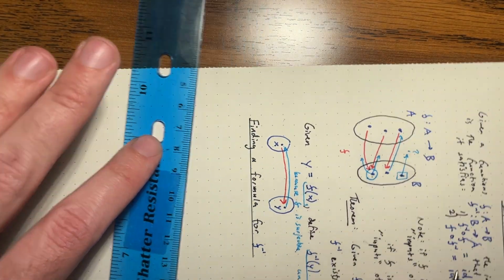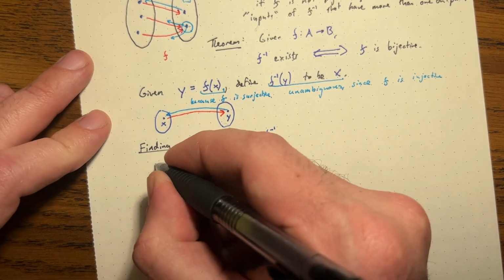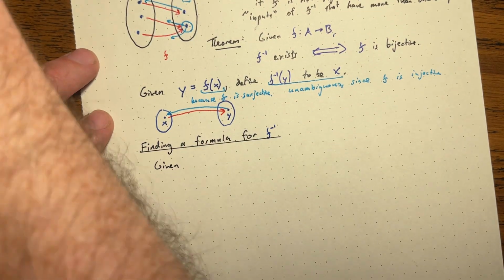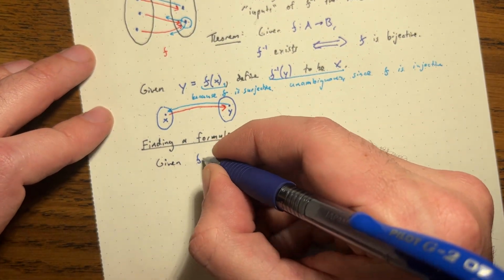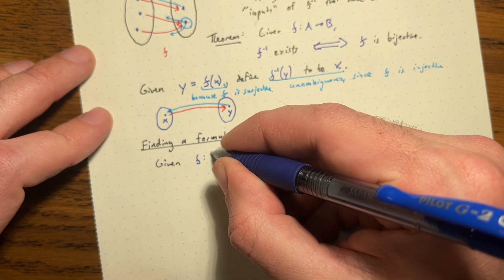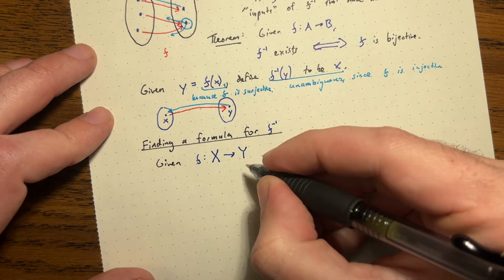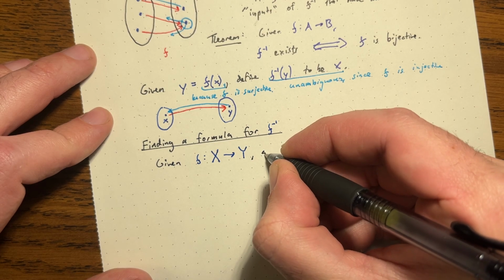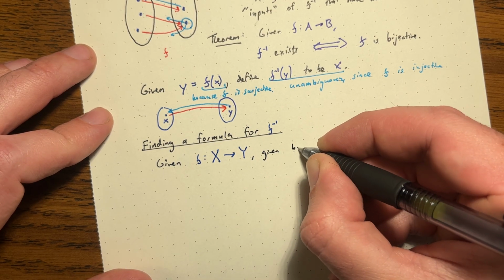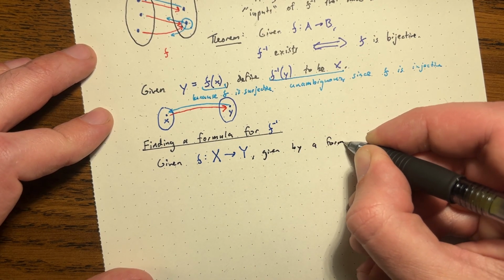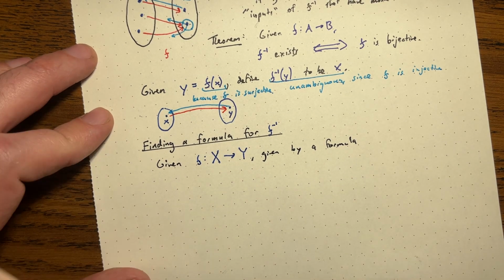How do you do that? Well, given some function f from, let me call it big X to Y, just to be suggestive, a function given by a formula f of x.